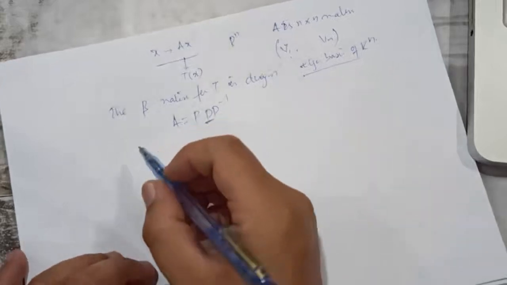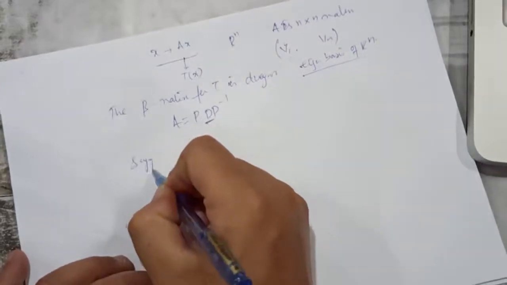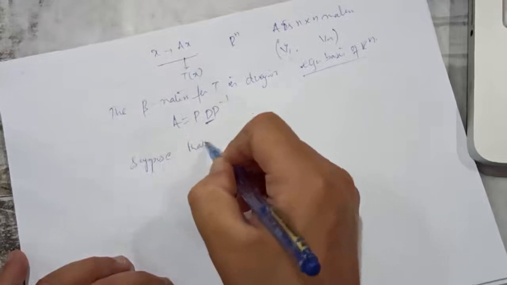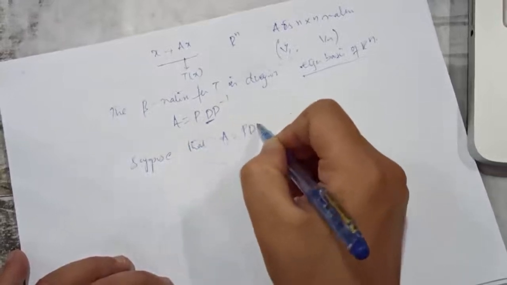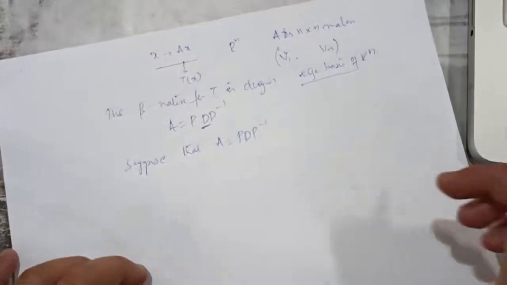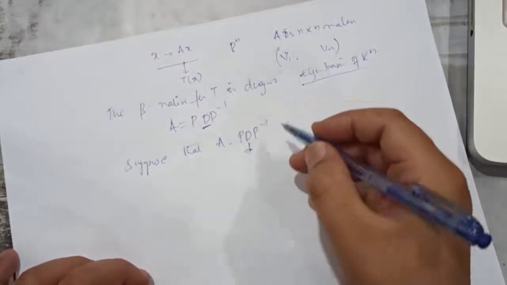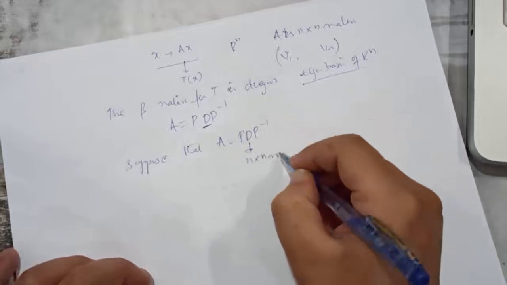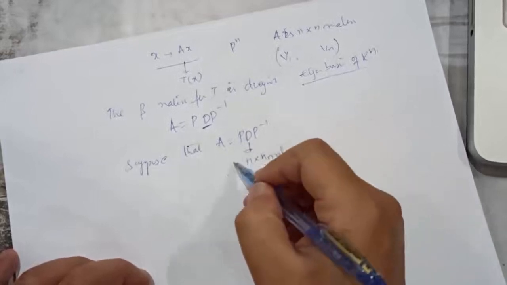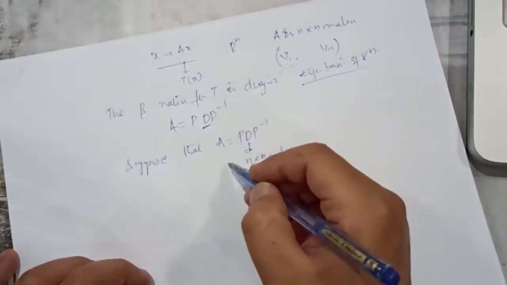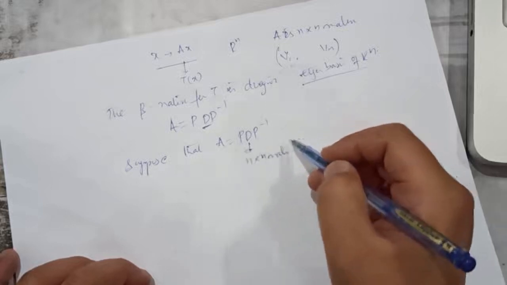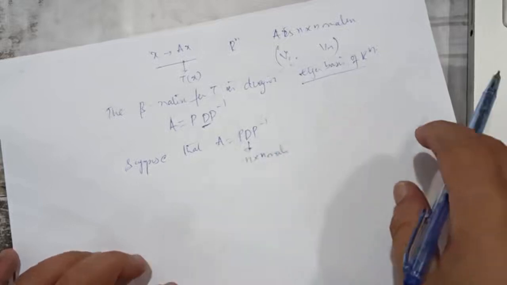Okay. Now suppose that A is equal to P D P inverse, and let's say D is a diagonal matrix which also happens to be an n cross n matrix. Because P has n eigenvectors, it is also n cross n, and P inverse would also be n cross n, so all have to be n cross n.